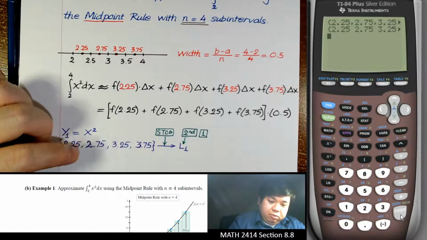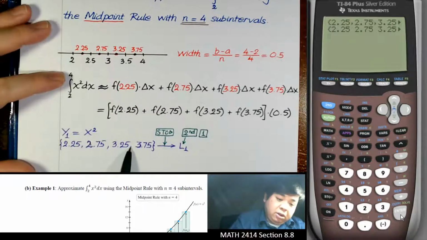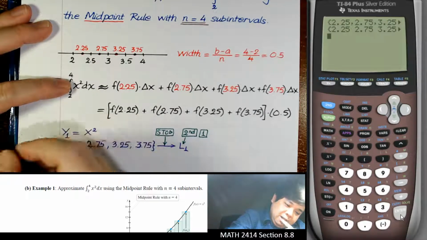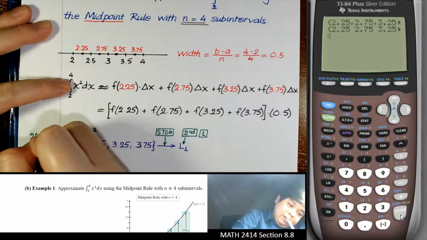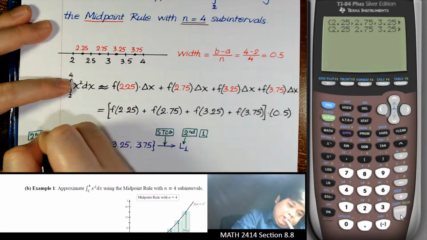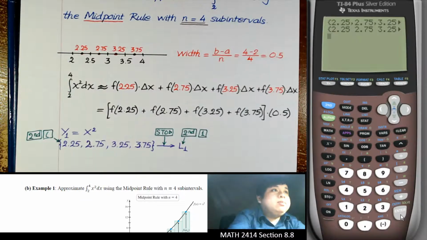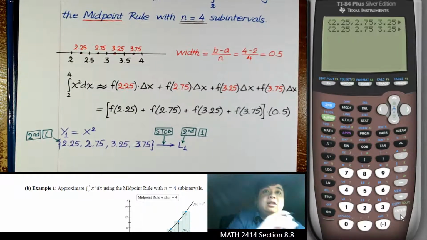The comma is easy, there's a comma button. For the bracket, we hit second and the parentheses, which gives us the curly bracket. Right, so we have that.